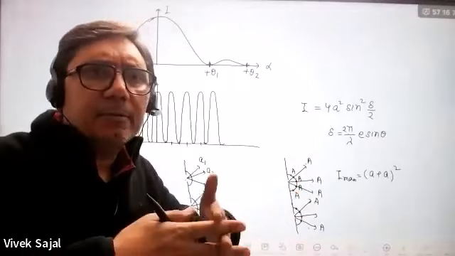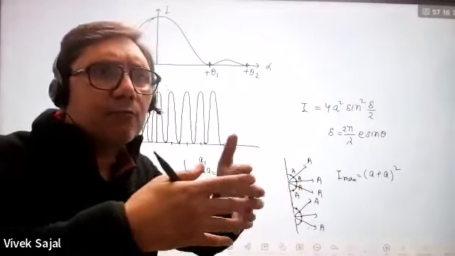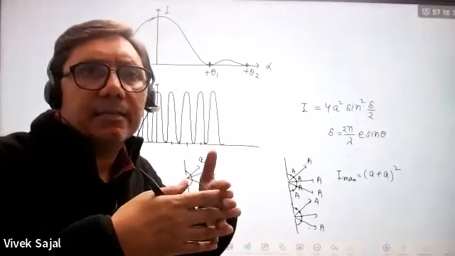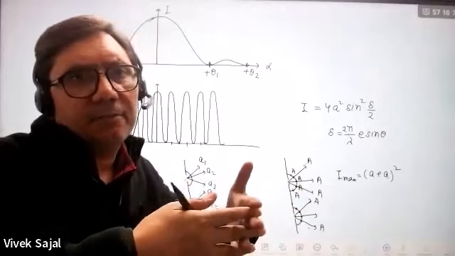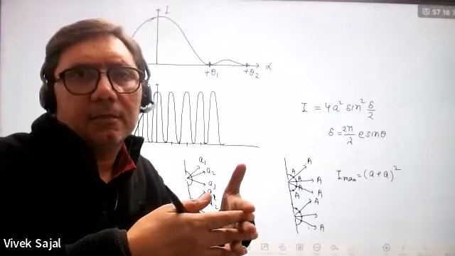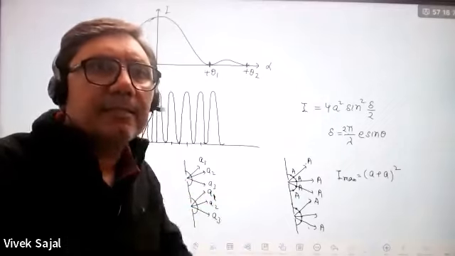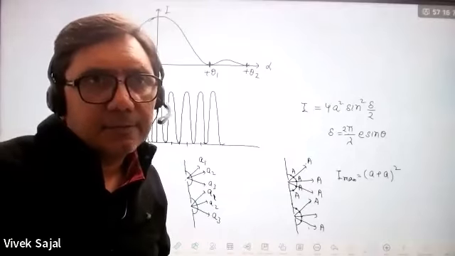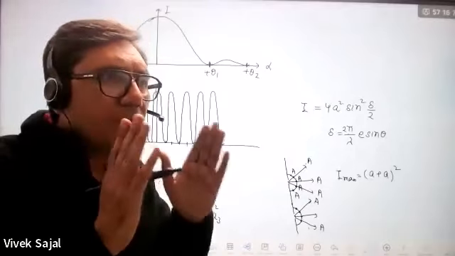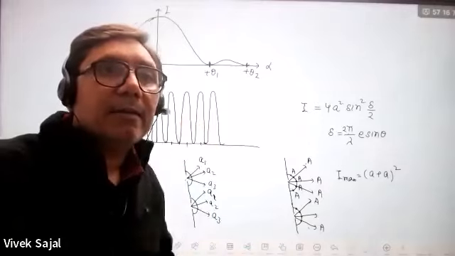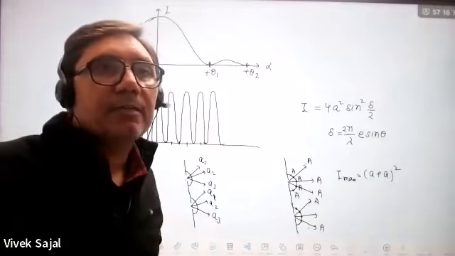Why was the intensity becoming 0? Because when light was superposing in these directions, there was destructive interference. Light superposed destructively and the intensity becomes 0 in these directions. So even after diffraction, you can find directions in which no light is traveling.